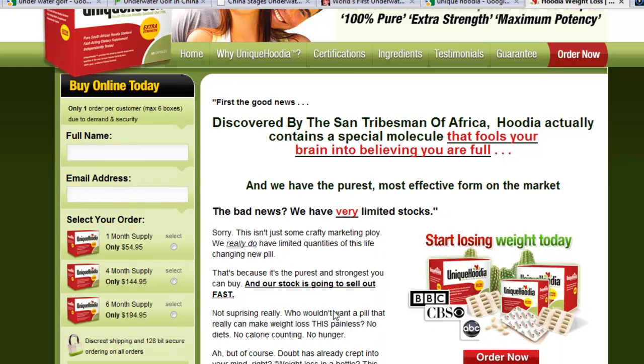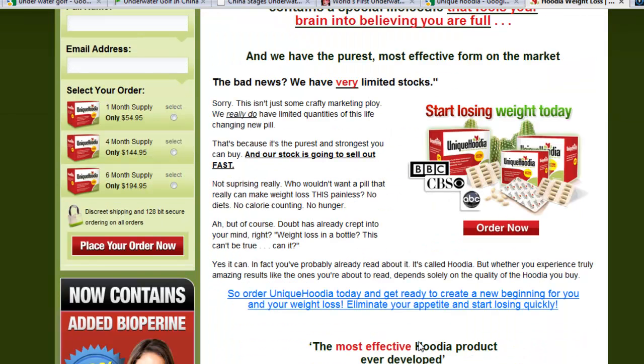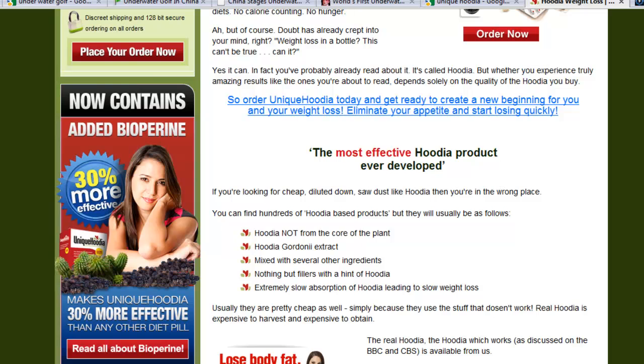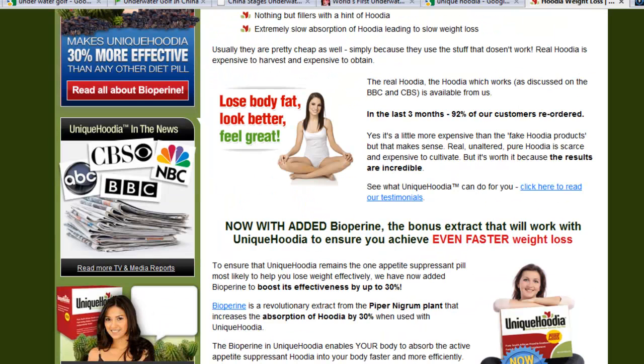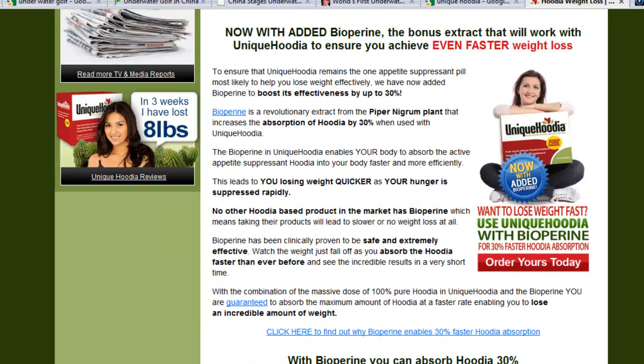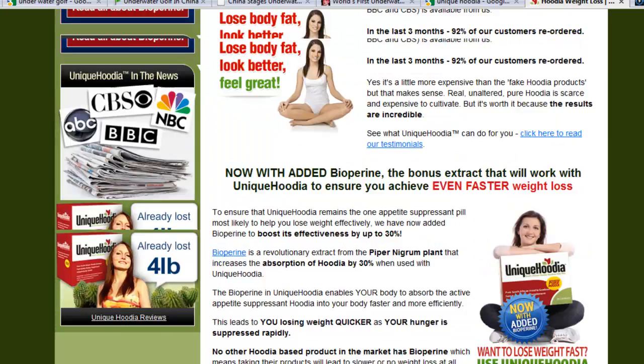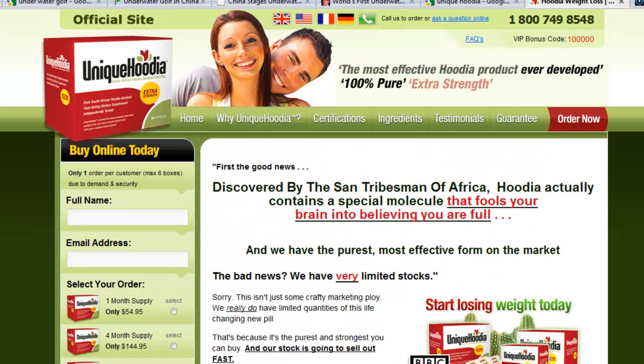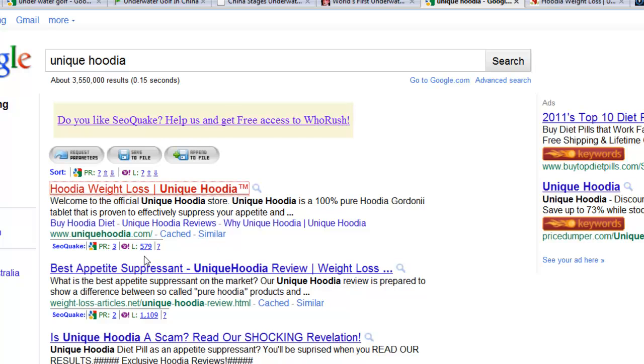I'm sure they'll have it on the page somewhere if they don't have it in their heading tags. You can definitely tell by looking at this page that they are targeting unique hoodier. It's the page that sells unique hoodier, so it's a pretty fair assumption they'd be trying to rank for that keyword phrase. So what I can tell is that those 579 backlinks are probably pretty decent quality as far as their targetedness, how accurate the anchor text would be.